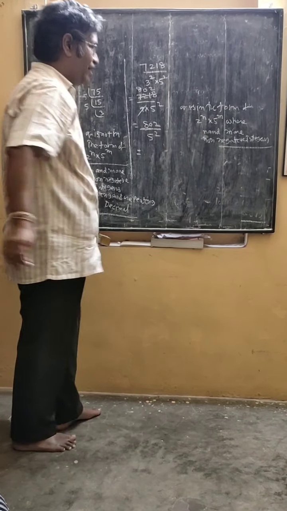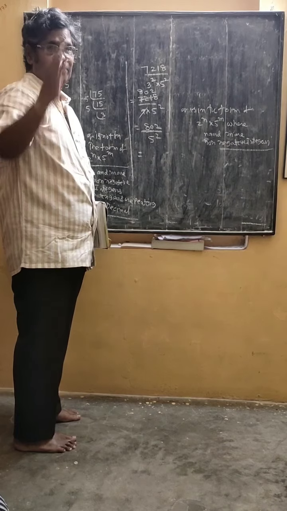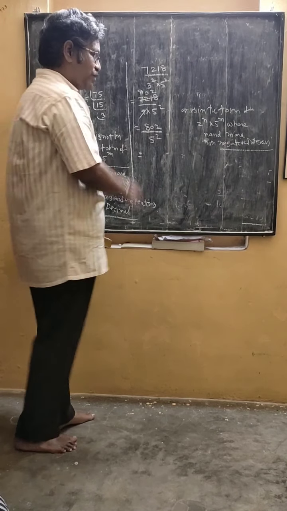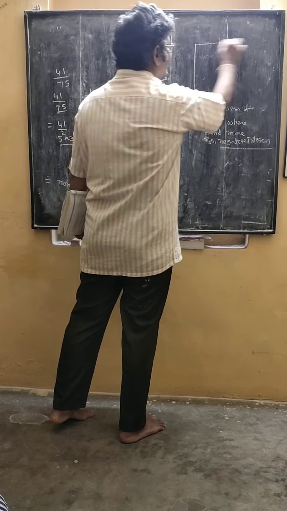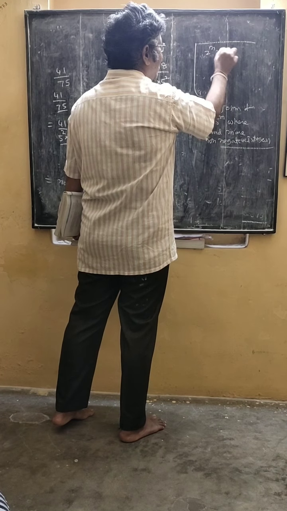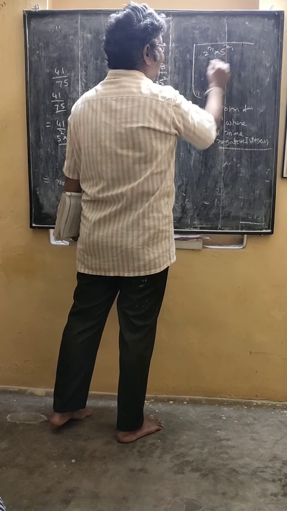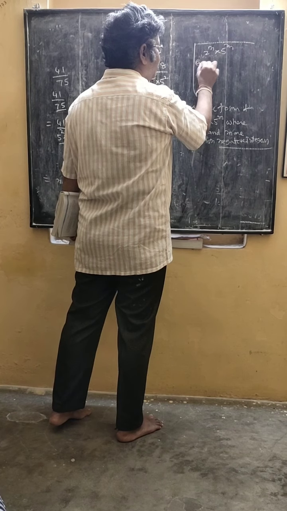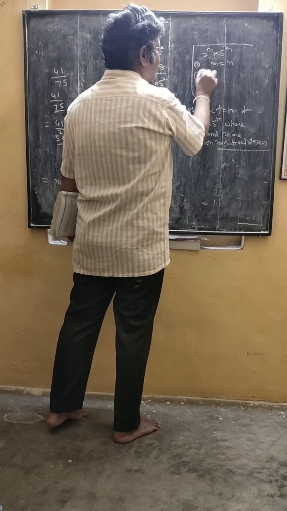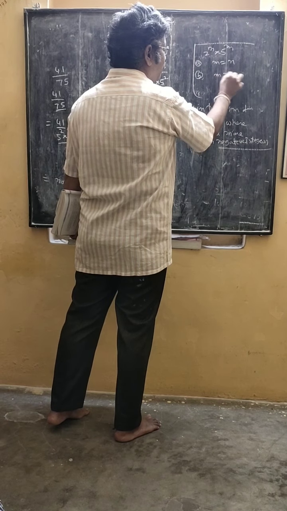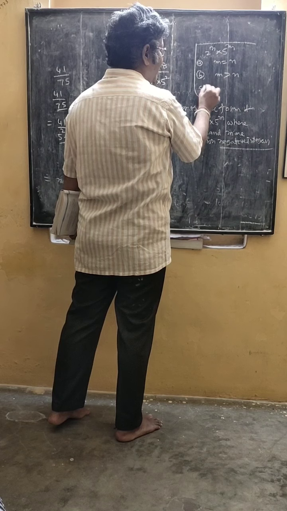This factor, non-negative integer, is according to which theorem? Theorem 1.4. Observe, in 2 power n into 5 power m, in some cases m is equal to n. In some cases m may be greater than n.